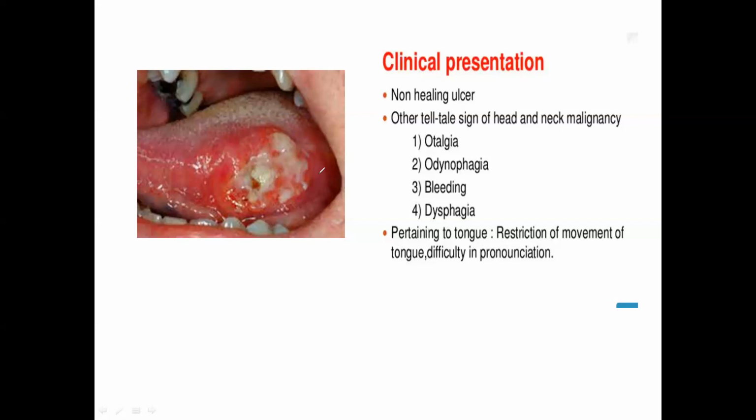It has a pseudomembrane over it. It has a depressed base. It bleeds easily. It causes problems with taste and with eating, inability to swallow, and sometimes otalgia. Also there is restriction of movement and difficulty in speaking. That ulcer is most likely a squamous cell carcinoma.